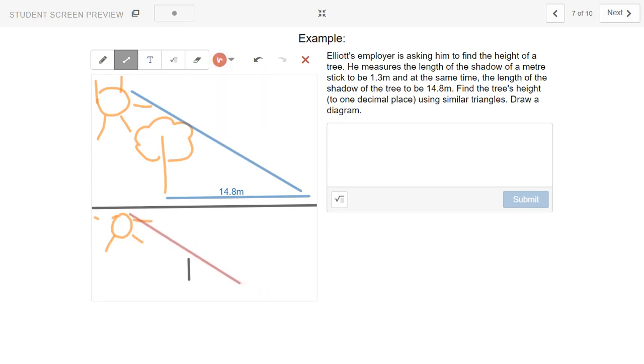So when the sun shines down on it, we have a shadow of 1.3 meters. We also know, by definition of a meter stick, that my stake here is 1 meter.